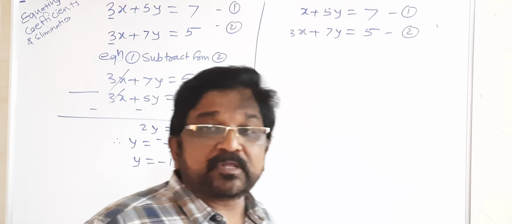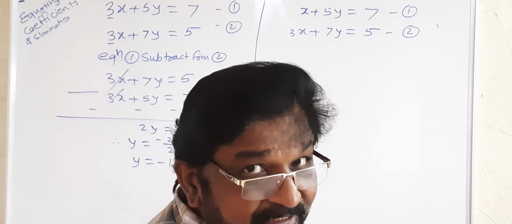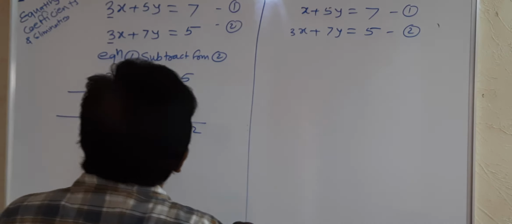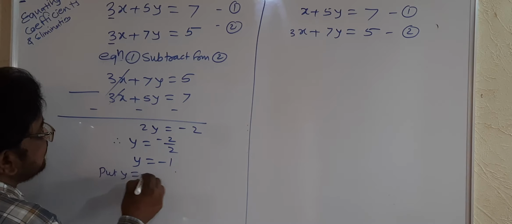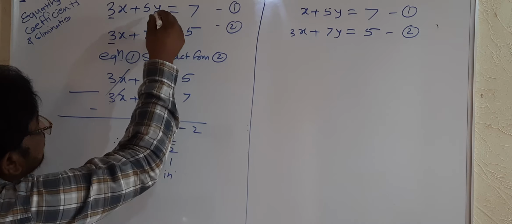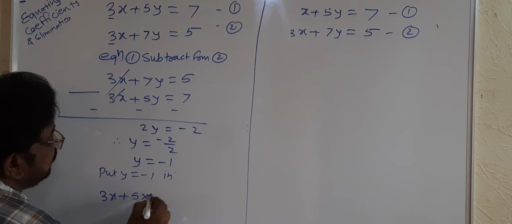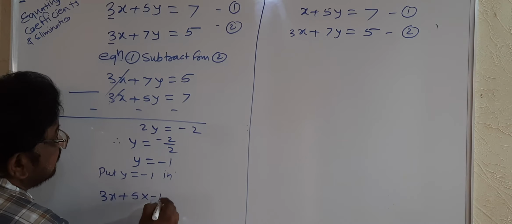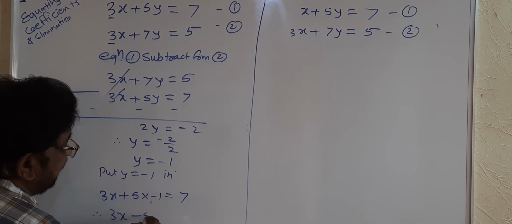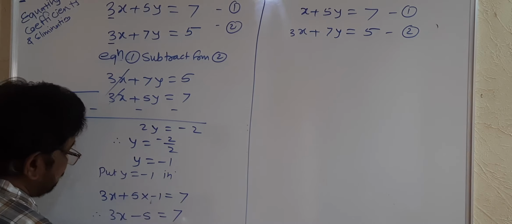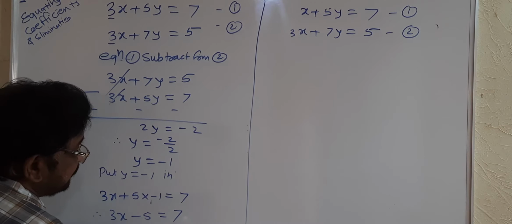You know what to do now. This value of y we have to put in any equation. So put y is equal to minus 1 in say 1. So 3x plus 5 into minus 1 is equal to 7. Therefore 3x minus 5 is equal to 7. Therefore 3x is equal to 7 plus 5.